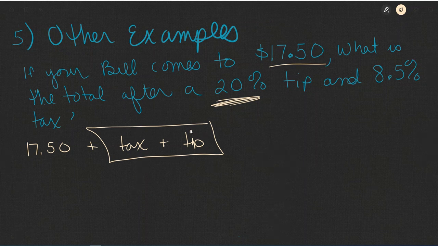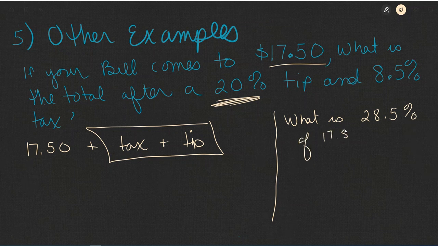Here's one other shortcut. Well, actually, you know what? Let me do the problem this long way first, and then we'll come back and I'm going to show you a really neat shortcut. So first I want to find what is 28.5% of the 1750, because that's going to tell us how much we add for tip and tax.